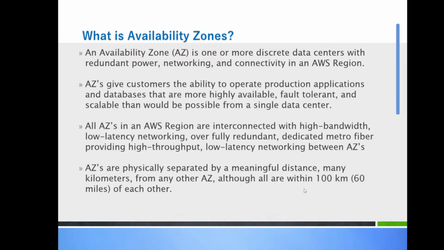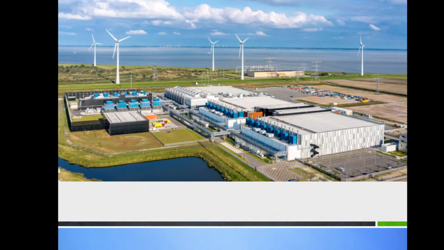Now how can we decide whether this is an availability zone or not? Amazon says that there should be a meaningful distance between two availability zones. Meaningful distance means, let's say there is a flood in a city. That means this data center will go down, right?